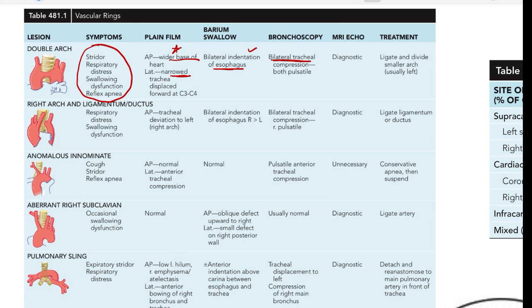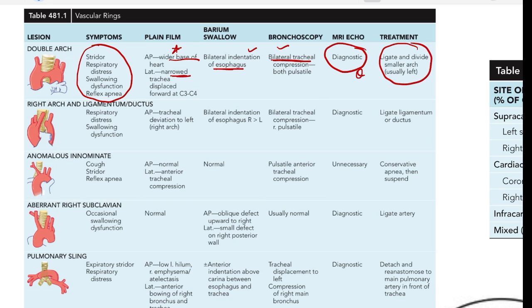So both trachea and esophagus will be indented. What is diagnostic of this condition? Remember, this is a potential question. Double aortic arch is diagnosed by MRI echo. This is very much important.